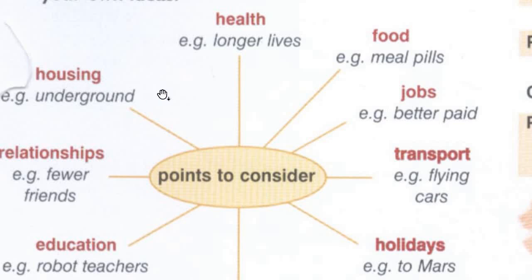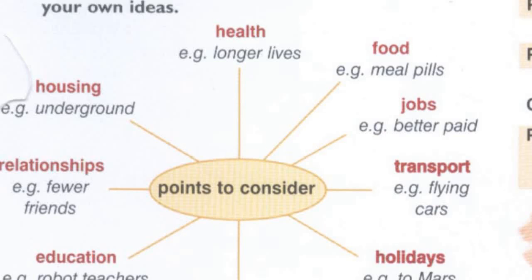Present continuous use here. How about the right side? Let's say, for example, food. Meal pills, very interesting. Meal pills, sometimes I remember jokes about it. Okay, I think in the year 2050 we will be consuming meal pills.